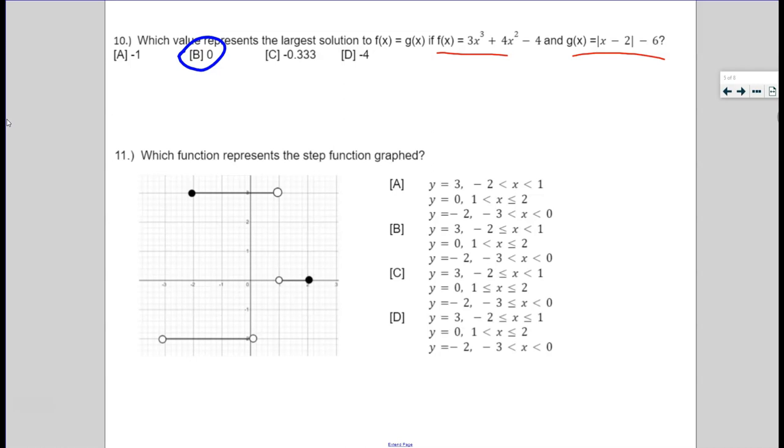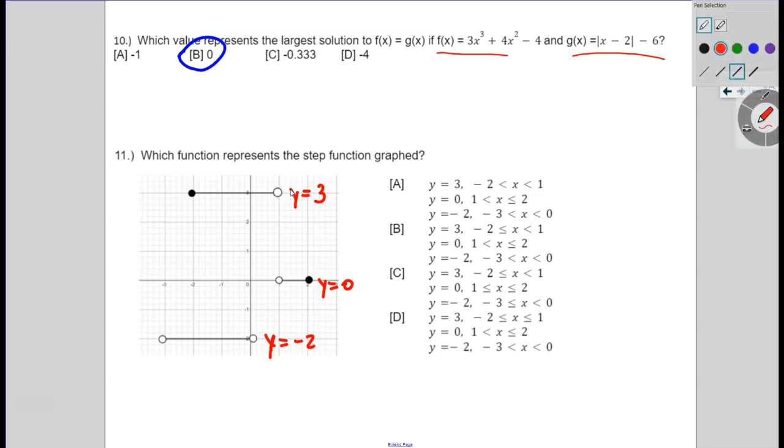I know that this function crosses through y equals 3. This function crosses through y equals 0, and this function crosses through y equals -2. So these are my 3 step functions now. They, of course, have constraints, which are restrictions, basically the 2 points that are in between.